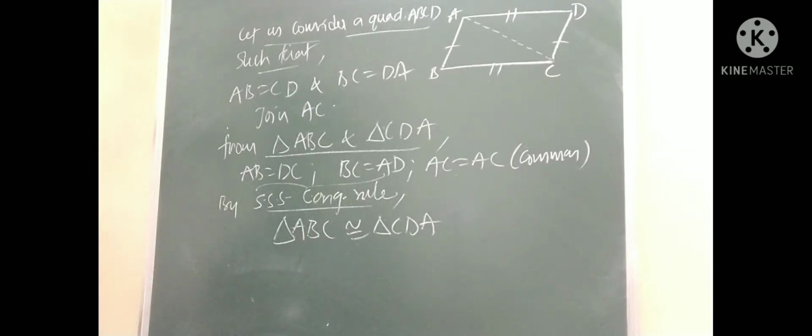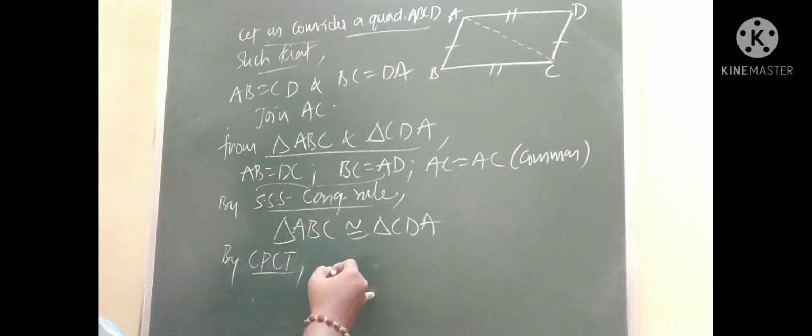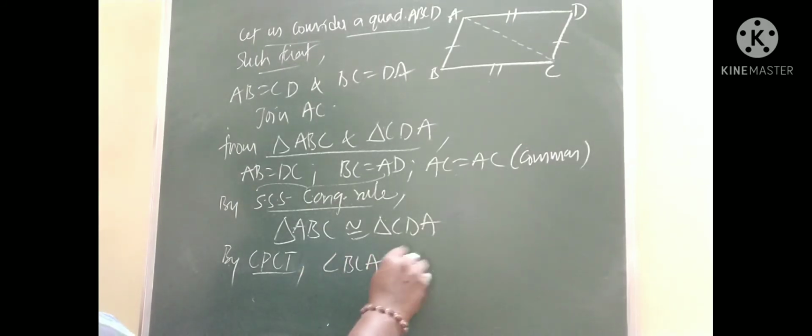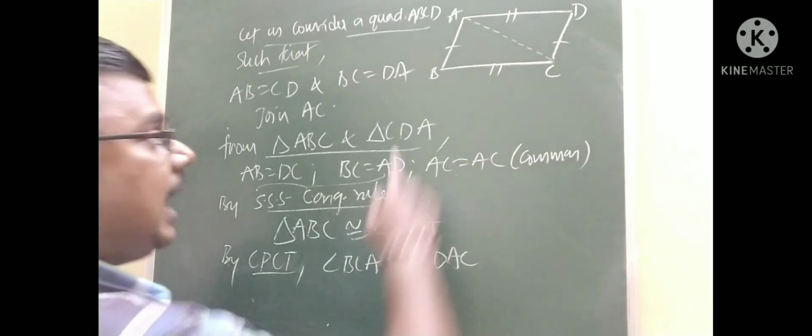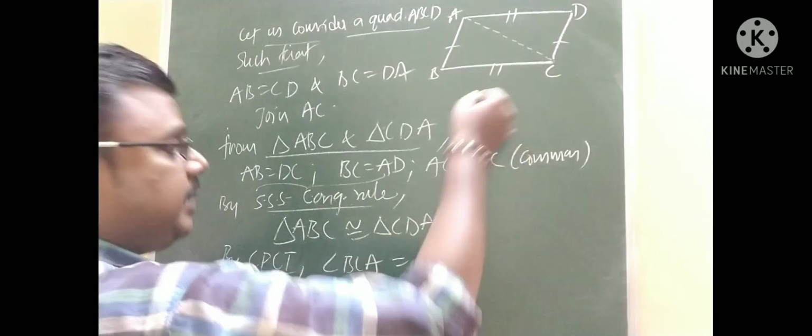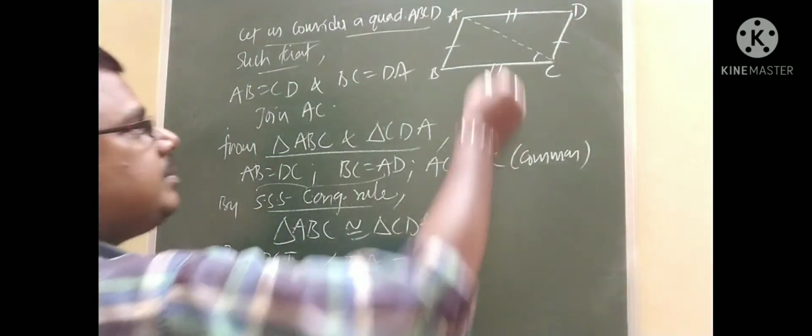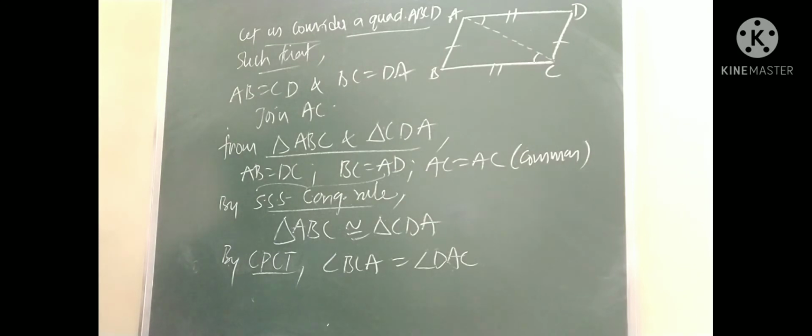I'll let you know why we have proved this congruent. Because, what is our statement? In a quadrilateral, if opposite sides are equal, then it will be a parallelogram. Now when I consider this by CPCT, angle BCA is equal to angle DAC by CPCT. As per the quadrilateral, BCA means here, DAC means here.